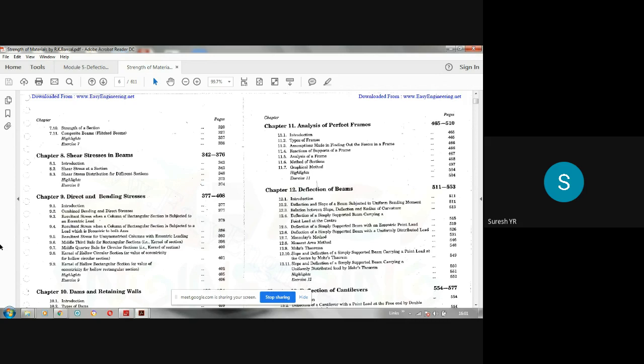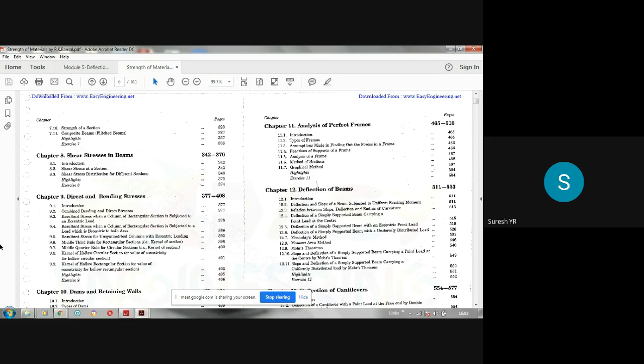Simplify: 2x cube minus 5 by 3 into x minus 2 whole cube minus 5 by 2 into x minus 3 whole cube plus C1x plus C2. Call this equation 1 and 2. Call the slope equation equation 1, and the deflection equation equation 2.